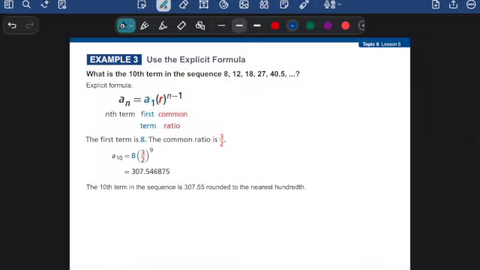Example 3, what is the 10th term in this sequence? So it's the same sequence that we had before. So we know our common ratio is 3/2. And now we're looking for a 10th term, a specific number of term. So if you remember our arithmetic sequences, to get to any number of term, if I want to use an explicit formula, then we would take the first term and then we would add the pattern, the common difference, times n minus 1.